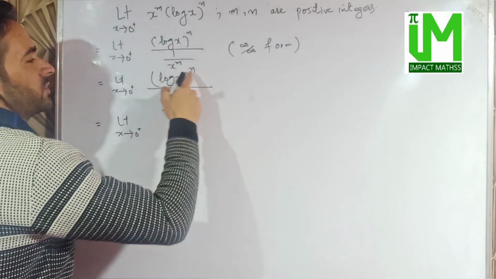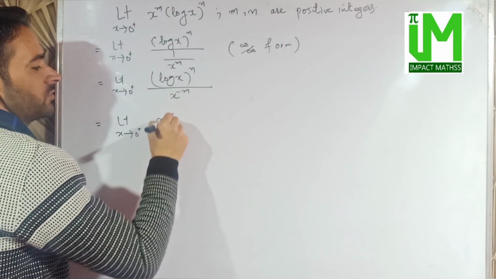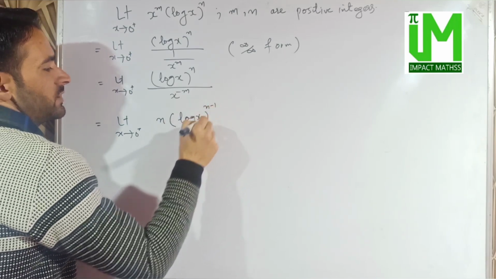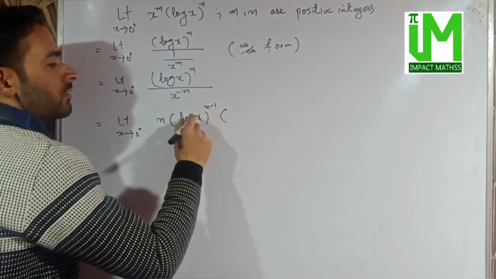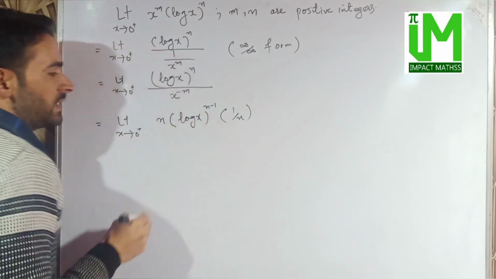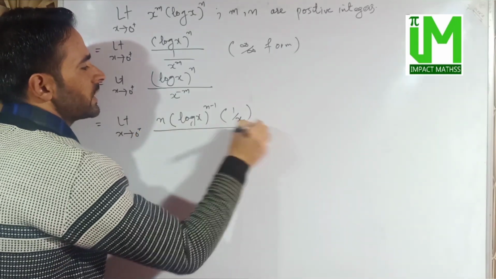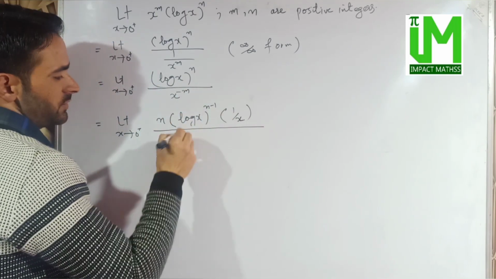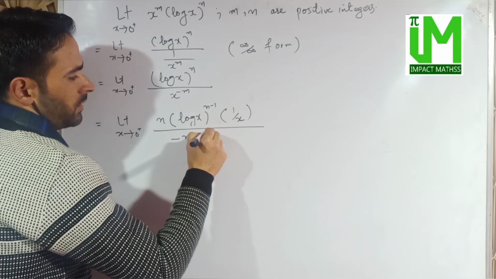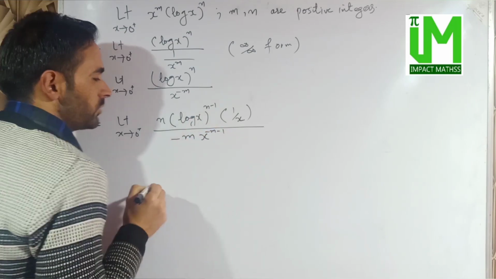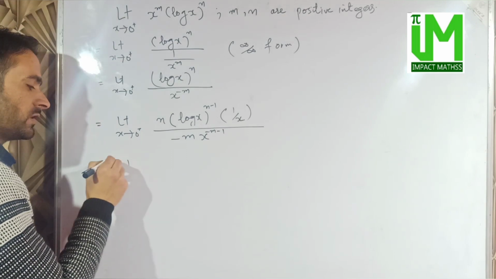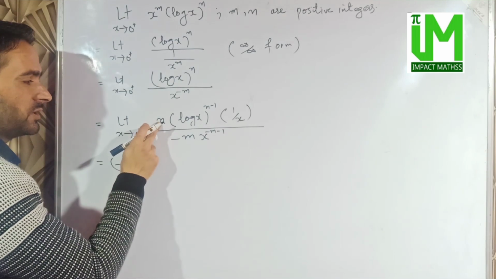अब log of x raised to power n की differentiation कीजिए, so it will be n times log of x raised to power n minus 1 into log of x की internal differentiation by function of function से, that will be 1 by x divided by x raised to power minus m की differentiation, it will be minus m x raised to power minus m minus 1, which can be written as minus 1 raised to power 1 n divided by m.